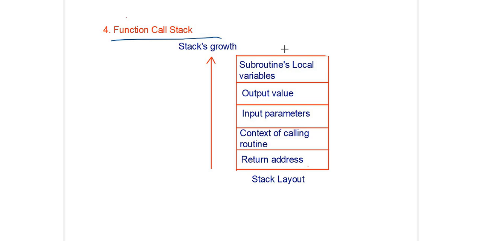It is another type of application of a stack. Here it is a function call stack. This is a stack layout. It has return address, context of calling routines, input parameters, output values, subroutines, local variables.